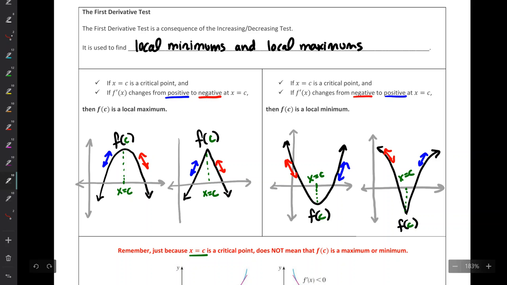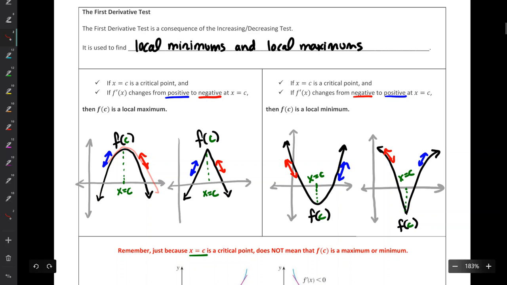How does it work? If x equals c is a critical point in the domain, and the derivative f prime changes from positive to negative at x equals c, really to the right and the left of it, here are positive slopes, here are negative slopes. So that means my function is changing from increasing to decreasing.